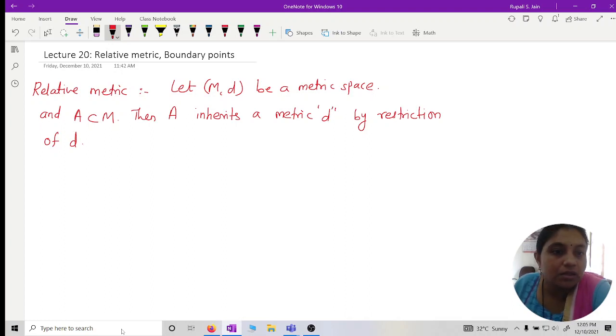Then A inherits a metric D dash by restriction of D. That is, what is D dash? D dash is nothing but D restricted to A.